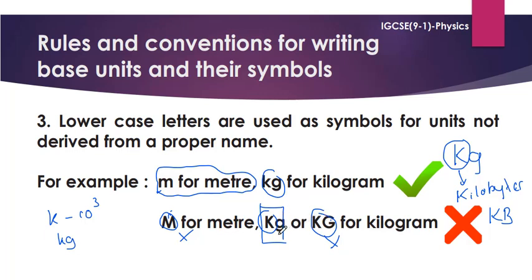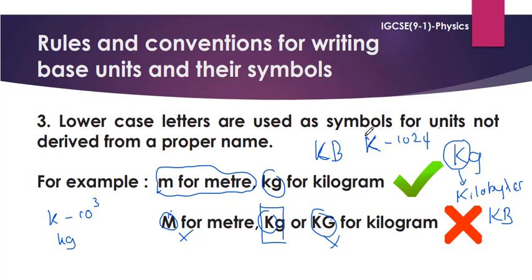When you write some size in computer science, kilobyte, then capital K is okay, because in computer science kilo means 1024 bytes. One kilobyte means 1024 bytes.